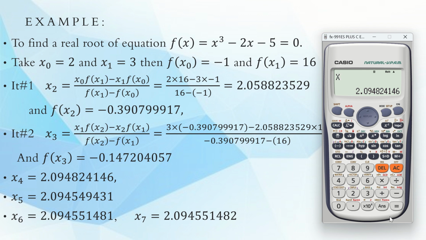So you see this one, then press equal, and then we press equal again. You see the value of e is getting very small. That means we are almost reaching towards the root. So if you press equal again, then the next value will be 2.09451482. You see, it's x7.